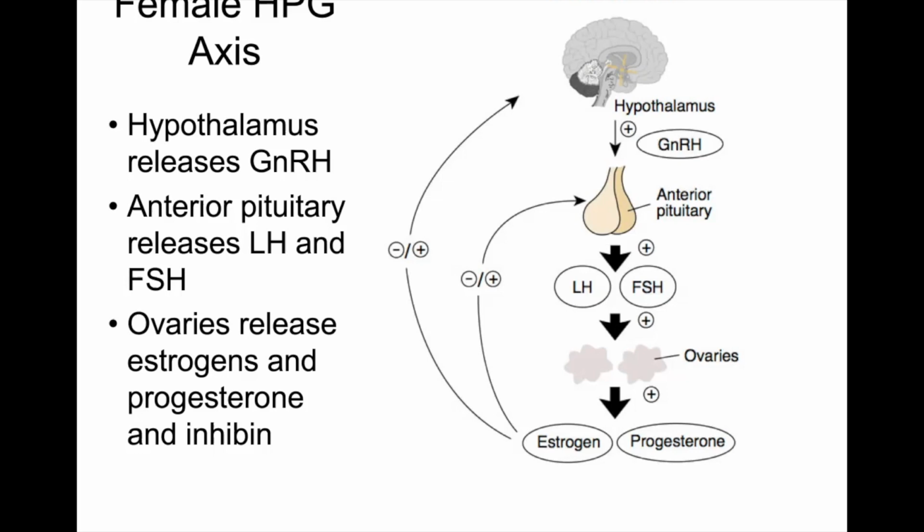You have too much of the chemical being produced, it'll automatically shut off once it gets too high, like a thermostat. In females, the ovarian hormones act at both the pituitary and the hypothalamus, and their effects are dependent on their overall levels. In other words, sometimes you get negative feedback, and sometimes you get positive feedback to further enhance hormone secretion.